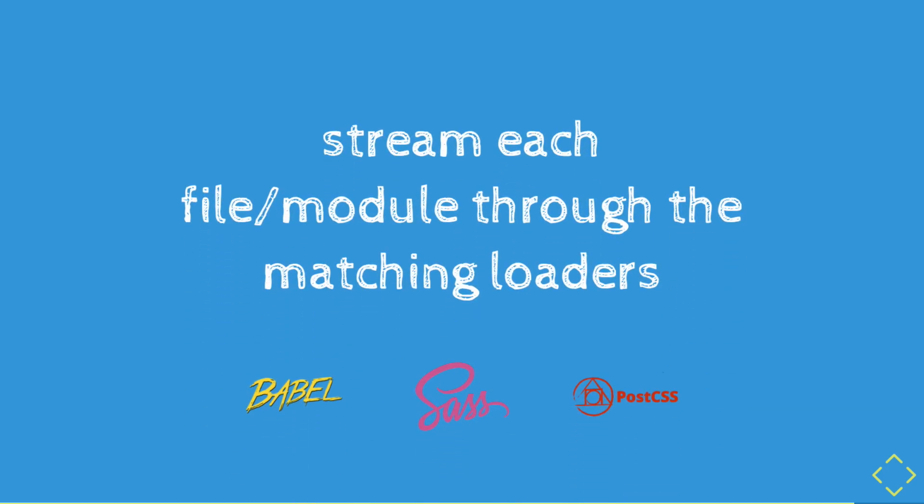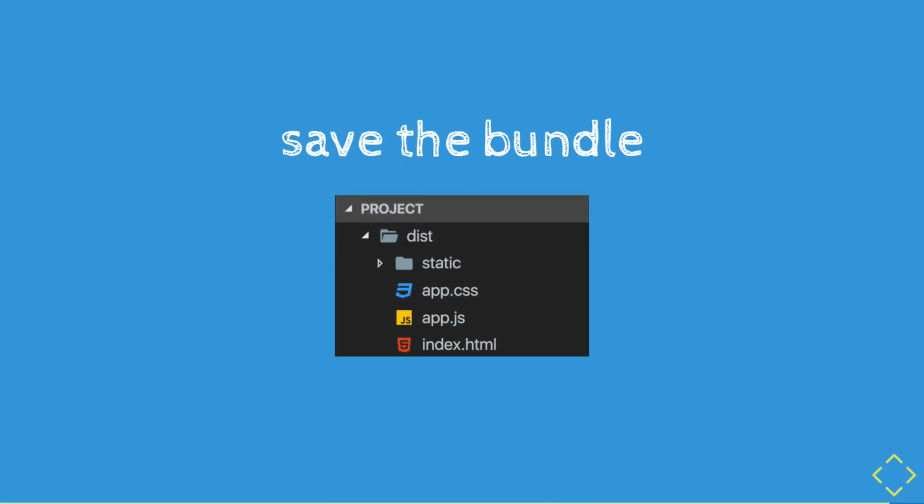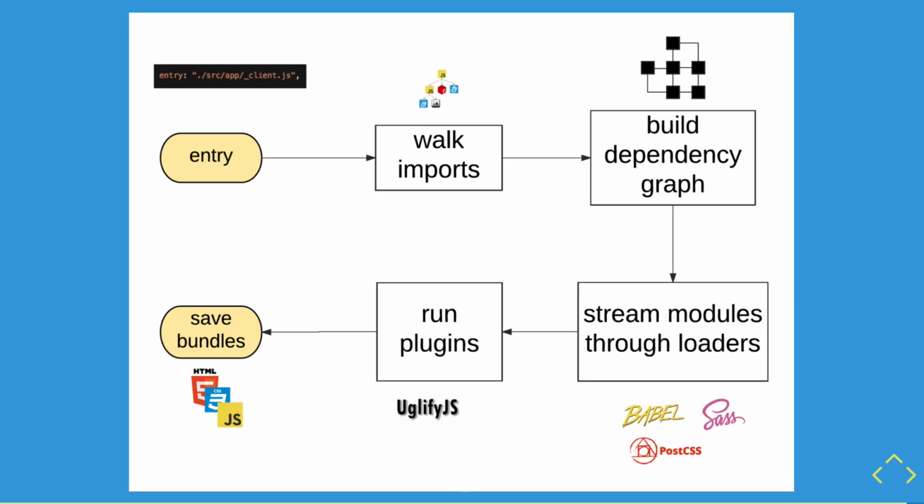And it streams each file or module through the matching loaders. It then runs plugins. And then saves the bundle to where you said so in output. So there's the same thing in a workflow diagram. Any questions about that? Any questions about entry?